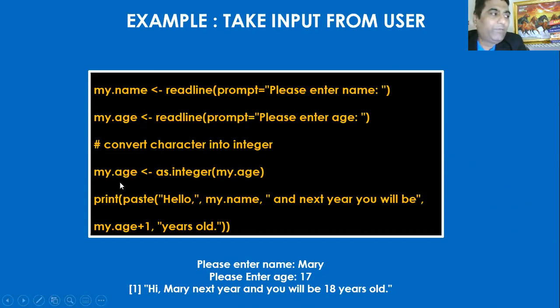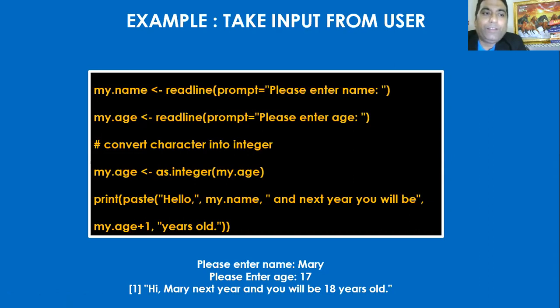So see the fourth line. My age is assigned as integer my age, because by default when we take input from the keyboard, it takes a character value. So as.integer converts it to an integer value. So my age is defined as an integer.